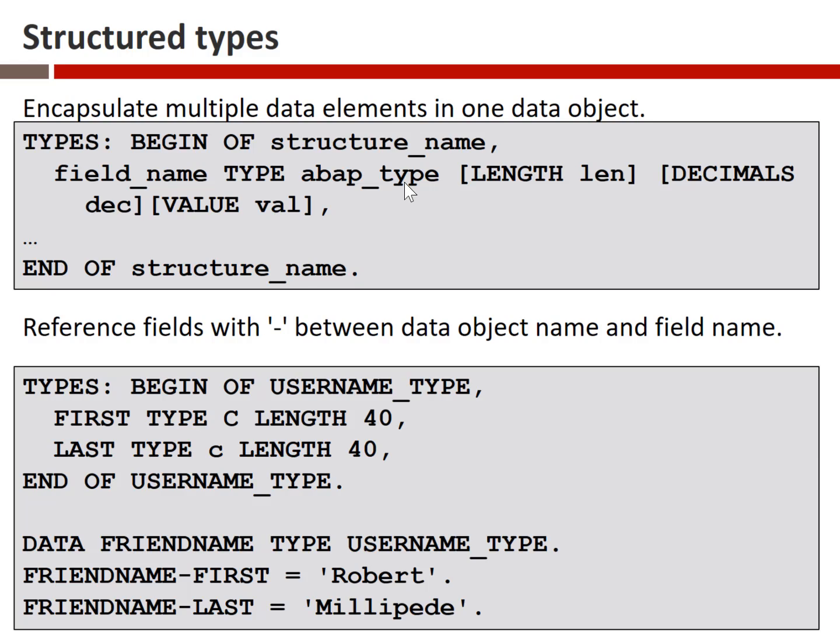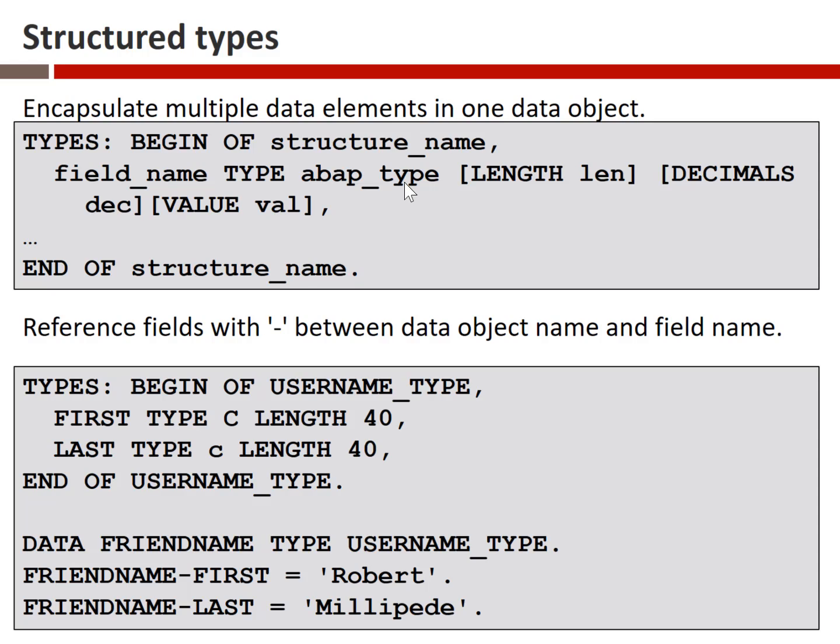And then, as I'm illustrating here, to load data into this, I use the name of the data object, friend name, a dash, the name of the field, space equals space, and then what I want to store in that field. So at this point now, friend name is a structured data type with two particular fields in it.